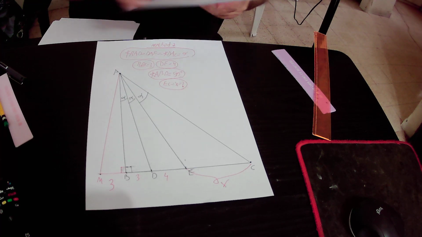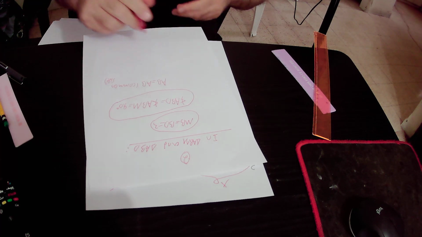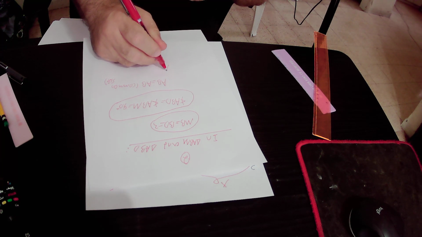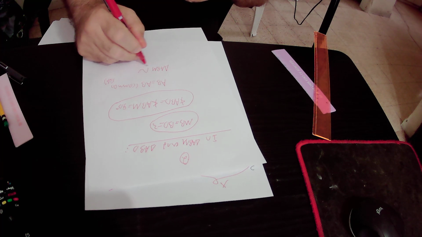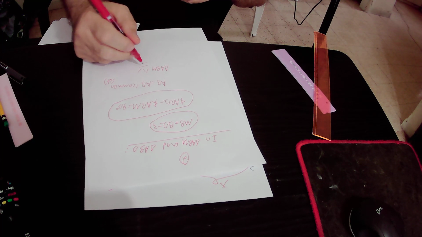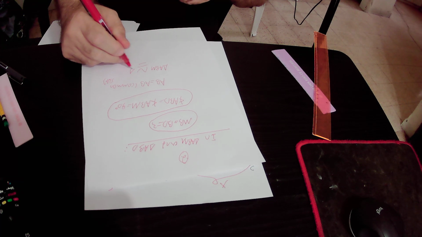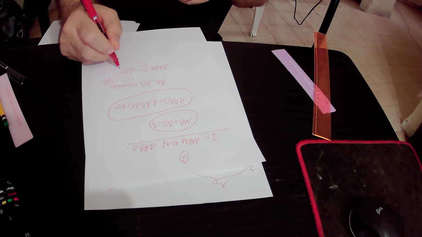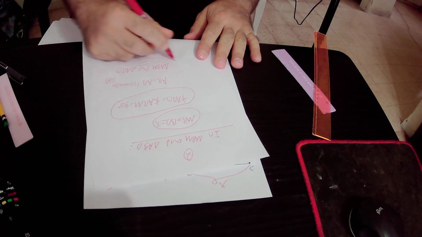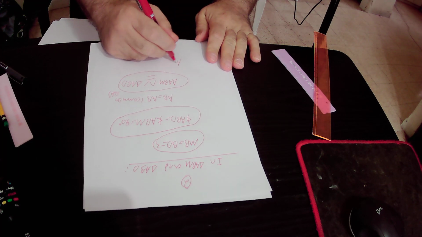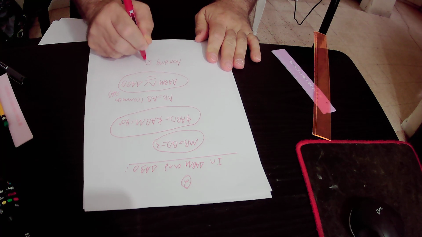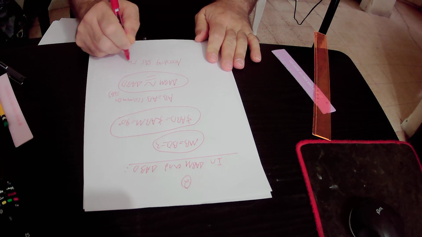The right triangle ABM, congruent, this is the sign of congruent, to the right triangle ABD, according to the side angle side rule.